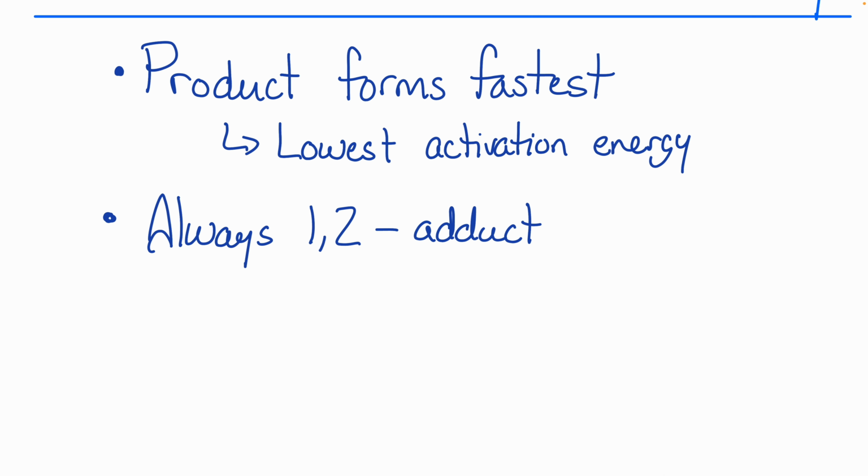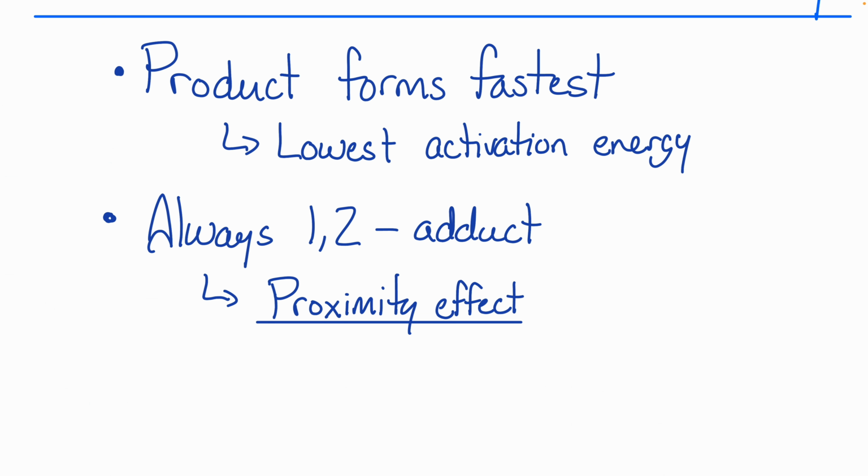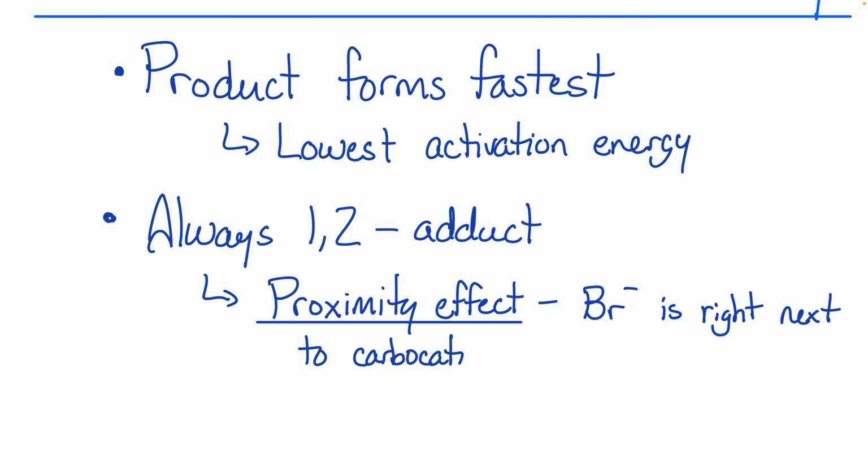And it's always our 1,2 adduct because of what we call the proximity effect. That bromide ion is right next to that carbocation when it forms.